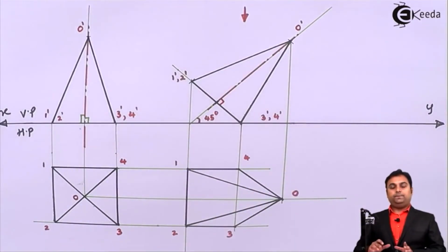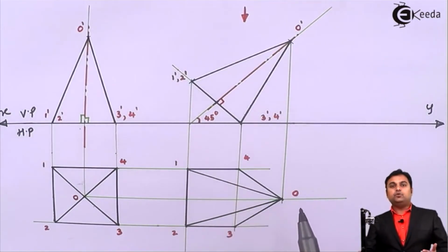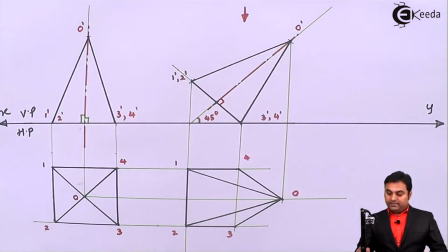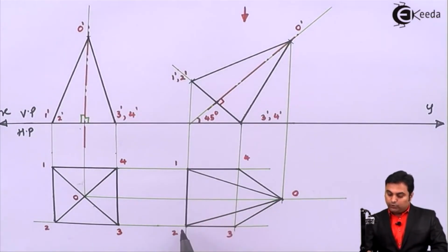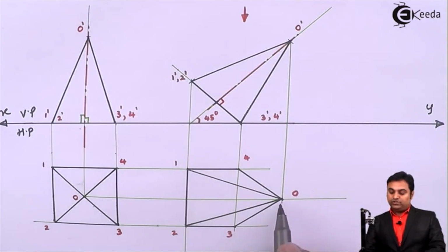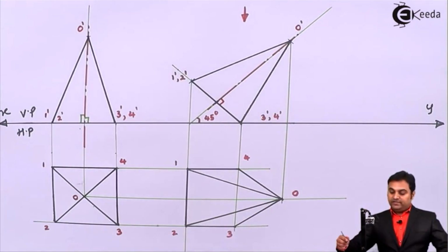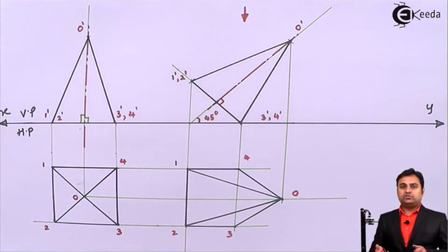So this is the tilted pyramid. These are the visible portion which I can say here. That is, the triangular face 0, 1, 2 is visible. The triangular face 0, 1, 4 is visible. And the triangular face 0, 2, 3 is visible. But there is an edge 3 to 4 about which the square pyramid was tilted.